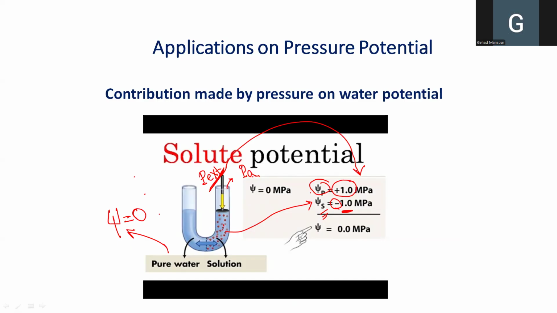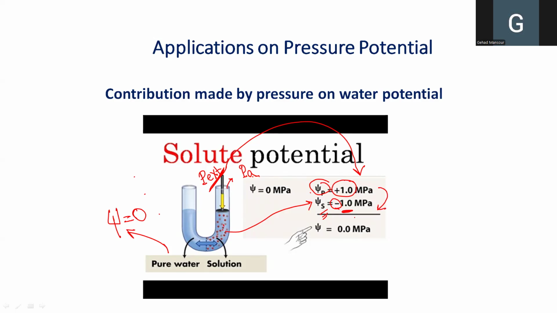In this example, we have learned two things. First, it's not because the test tube is open that the pressure potential is 0, because you might apply an external pressure like in this case.